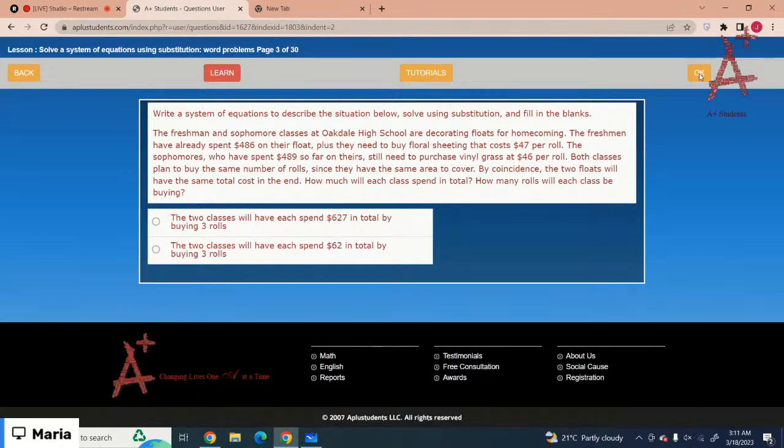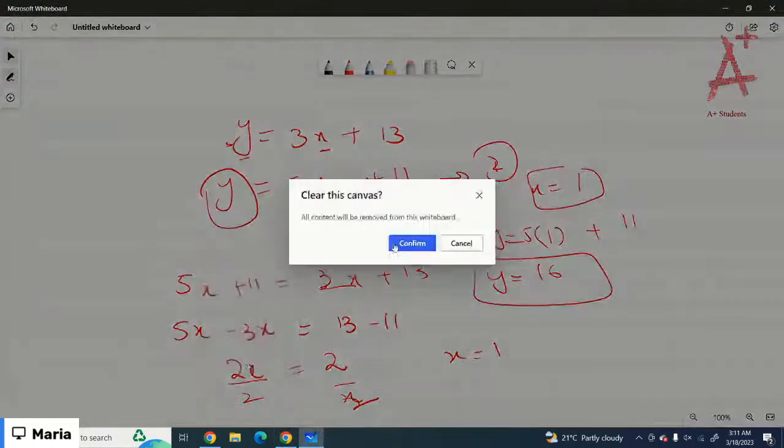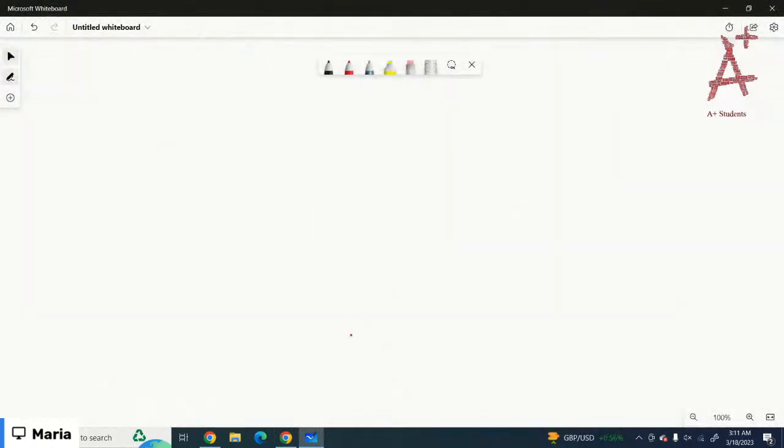So we have to write down the equations first. The freshmen have already spent $486 on the float, plus they need to buy floral sheeting that costs $47 per roll. So it would be y equals 47x plus 486.